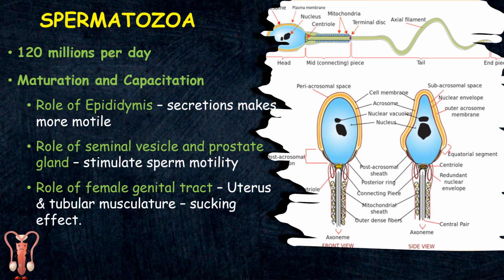When the spermatozoa are introduced into the vagina, they reach the uterine tubes much sooner than their own motility would allow. So this suggests that the contraction of the uterine and tubal musculature exerts a sucking effect.